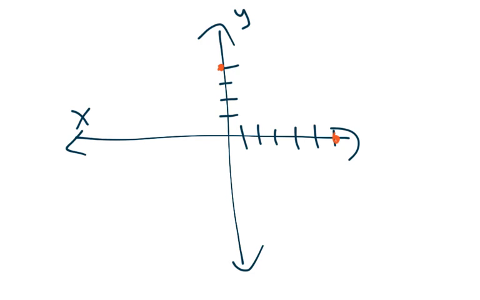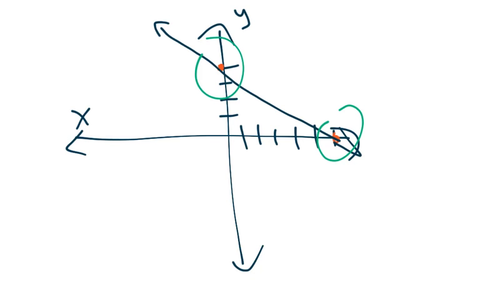Then I just connect those dots as best I can, and there's my line. And I've graphed it. Notice I didn't have to find a slope, I didn't have to find the slope-intercept form. I can just use the equation as it's written, because all I need is 2 points. So here's point 1 and here's point 2.